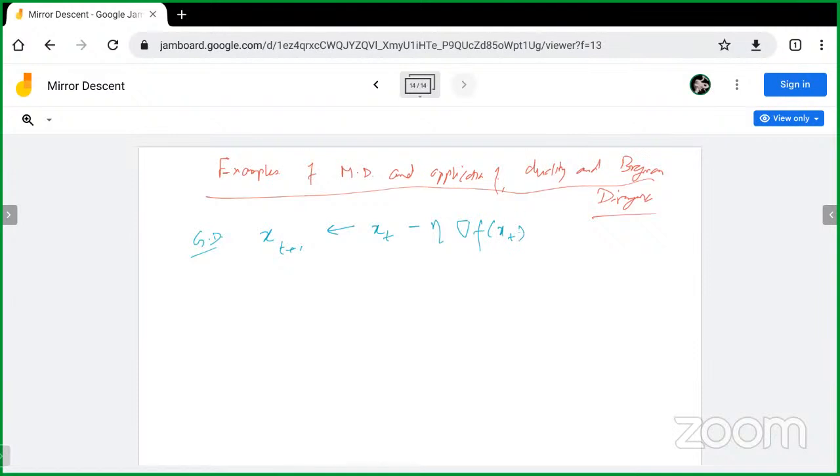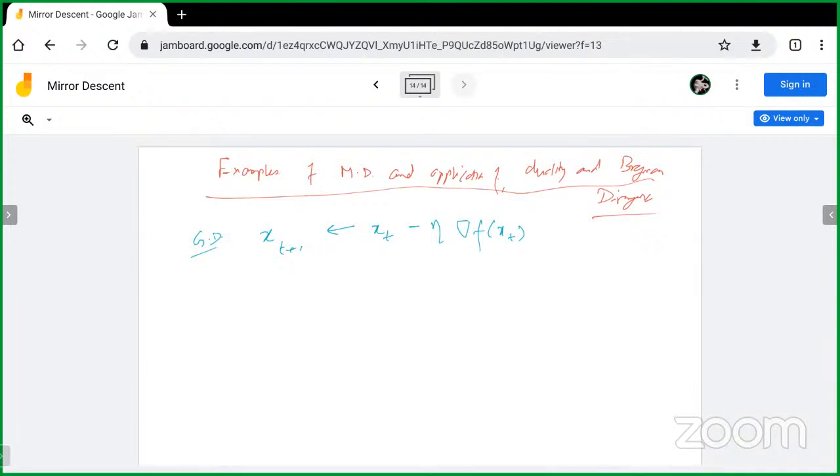So to motivate mirror descent, let's think a little bit about this iteration. I'm starting at a point x_t and I'm subtracting some scalar multiple of the gradient. Here we are assuming implicitly, because it's not written, that x_t and the gradient lie in the same space.